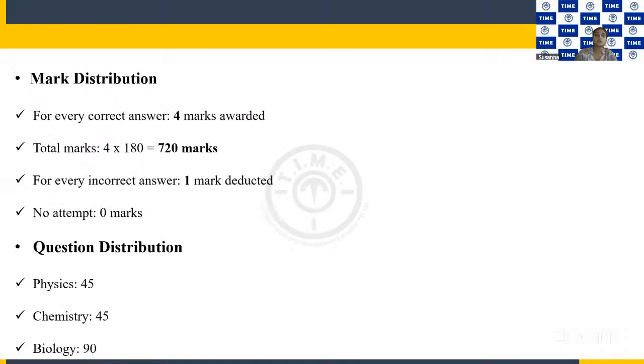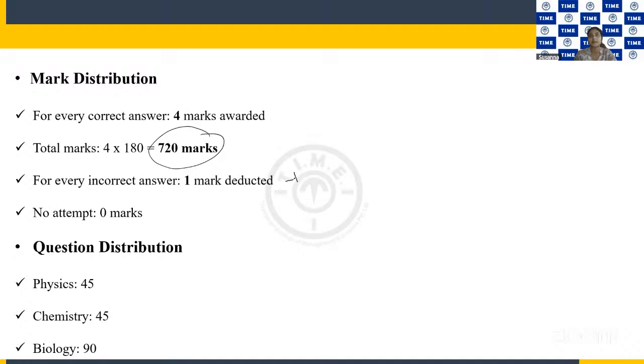Next we go on to the mark distribution. For every correct answer, 4 marks are awarded. We said we have a total of 180 questions, so 4 into 180, we have a total of 720 marks. Our marks come out of 720. For every incorrect answer, 1 mark will be deducted, that is -1.